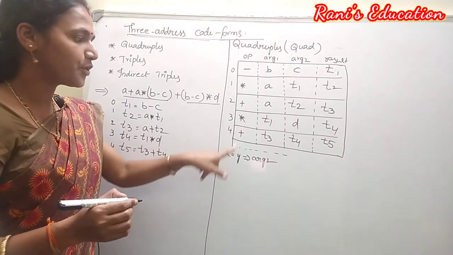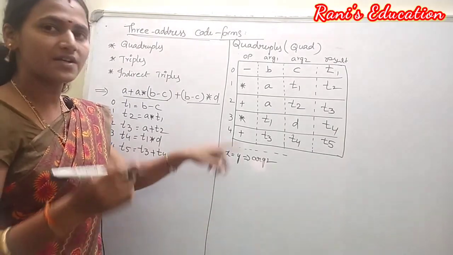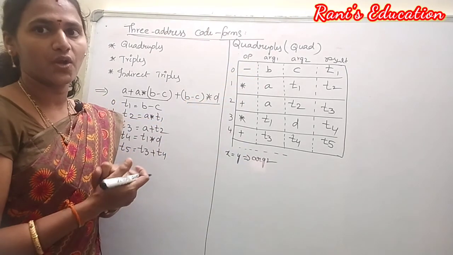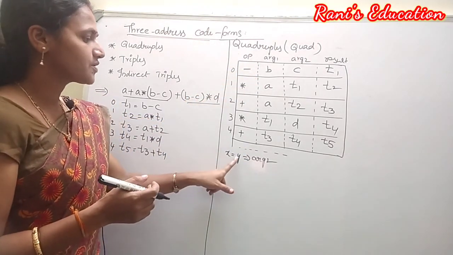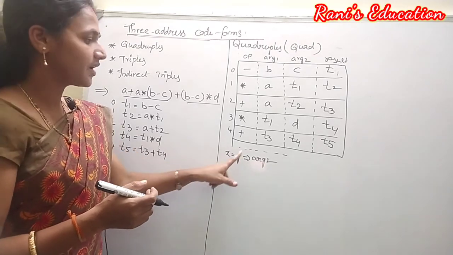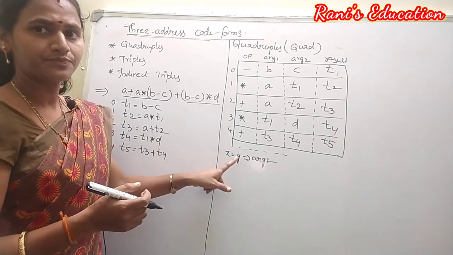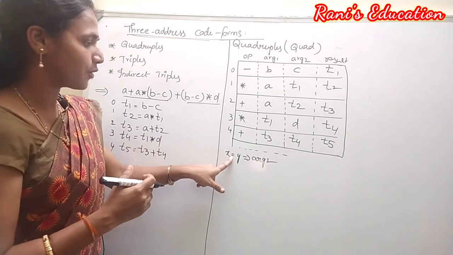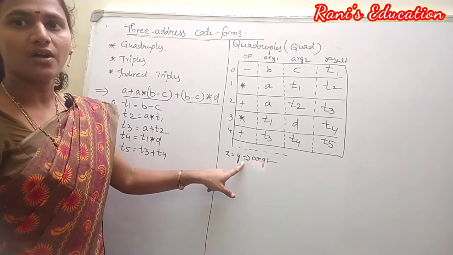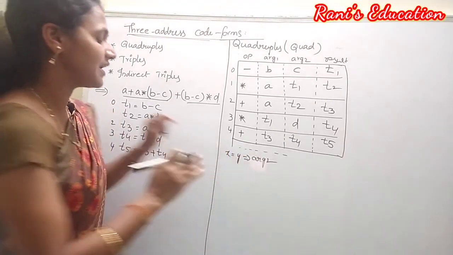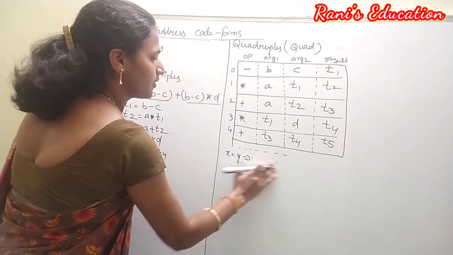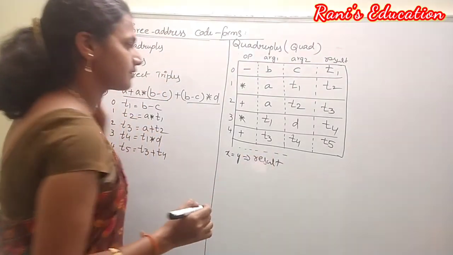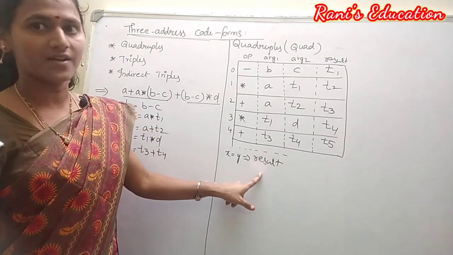What about the operator? The assignment operator itself is going to be considered as the operator in the array of records. It does not have any right side. It contains only the operator. So x is left of that operator, y is right of the operator. We don't have any result field for this.